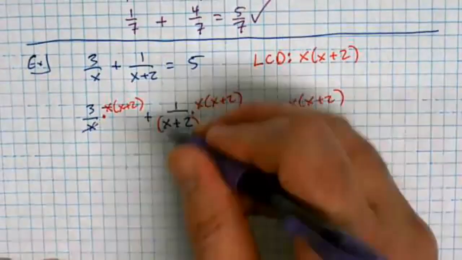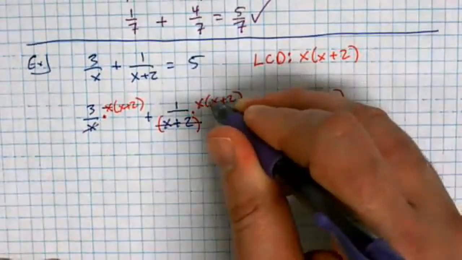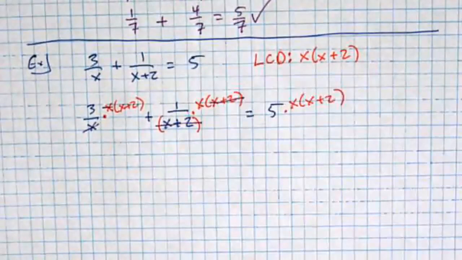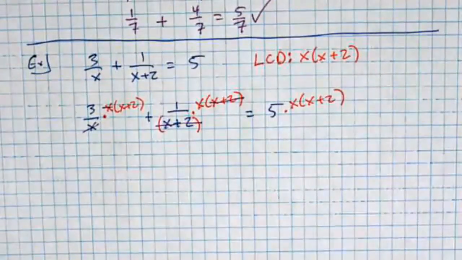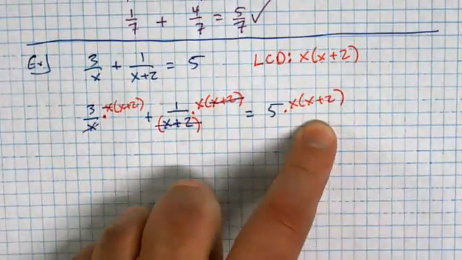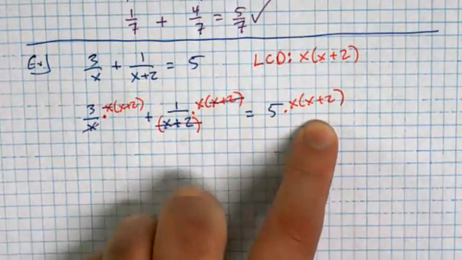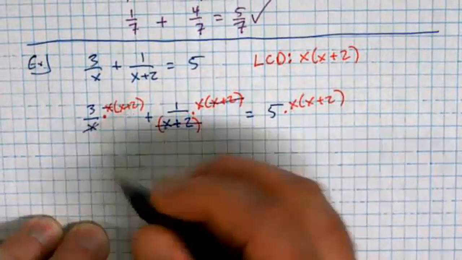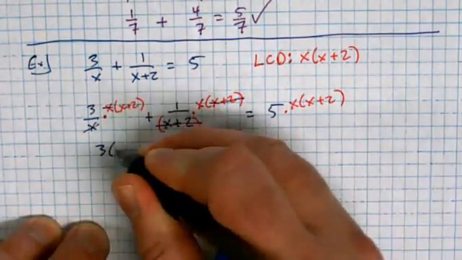This x plus 2 that's dividing matches up with this x plus 2 that's multiplying, so those are gone. Nothing's canceling in this last piece here, so everything's going to stay there. So after all said and done here, I should have a fraction with no more denominators.